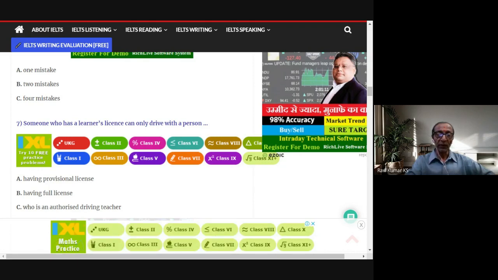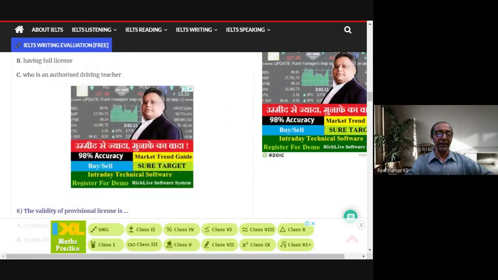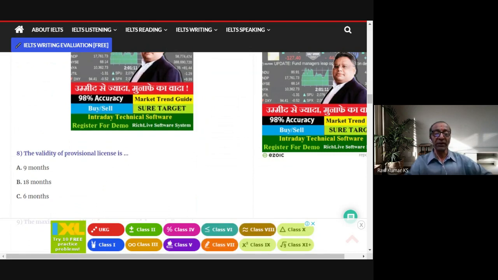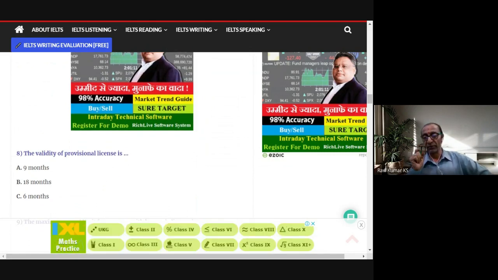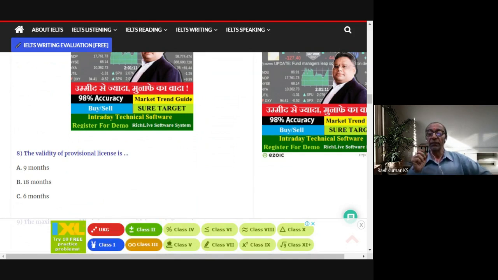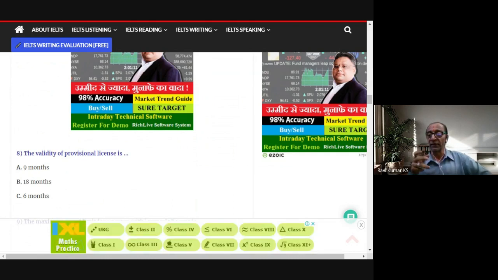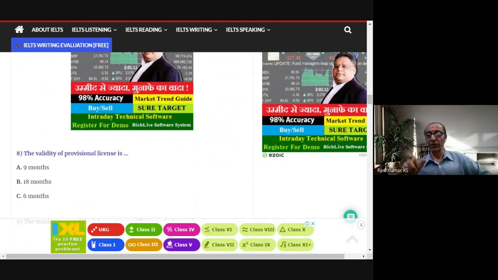Then question number 8. The validity of provisional license means till what time it will be valid. Like for us, a learner's license is valid for 1 year. Then the DL, that is the driving license, is valid for 5 years, 10 years, something like that. After that stipulated period, we have to get it renewed.